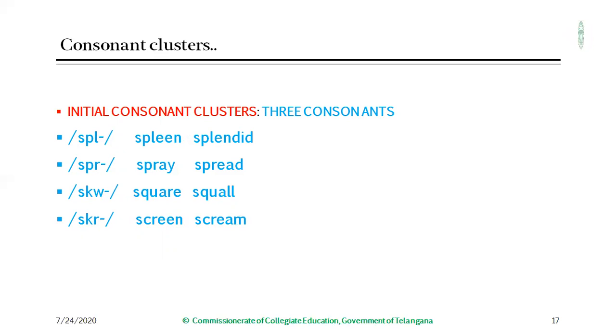Sa, pa, ra: spray, spread. Square, squall, scream. These are the clusters that are formed with three consonant sounds at the beginning of words.